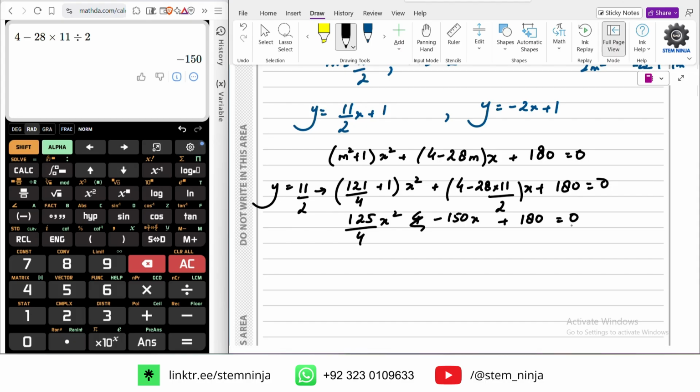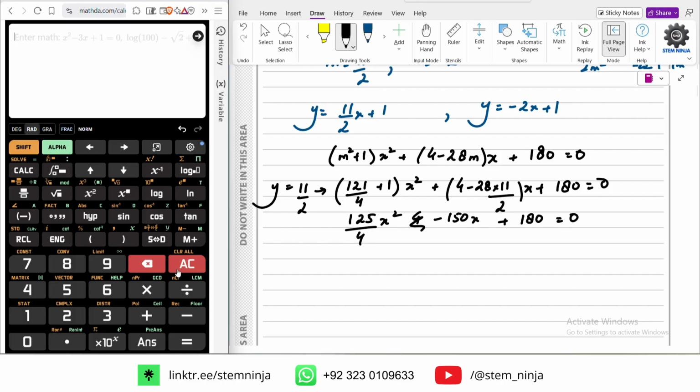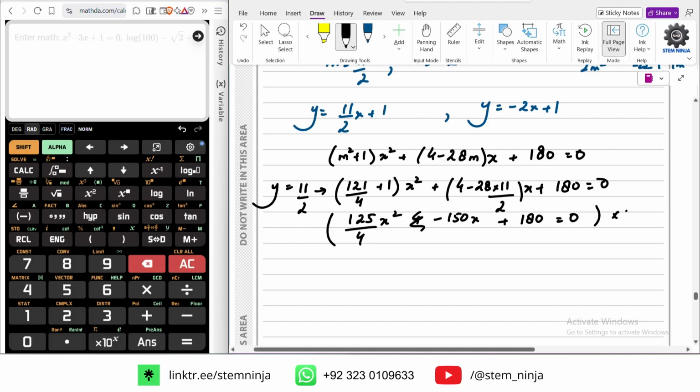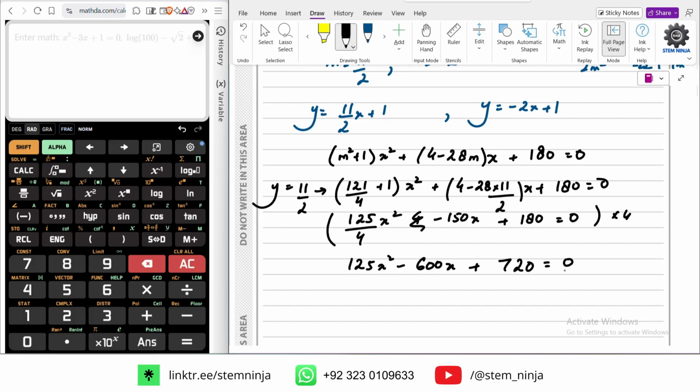So an easy way to handle this is to multiply by 4 on both sides. We make all of them integers, so you get 125. 150 times by 4 is 600, and 180 times by 4 is 720 equal to 0.